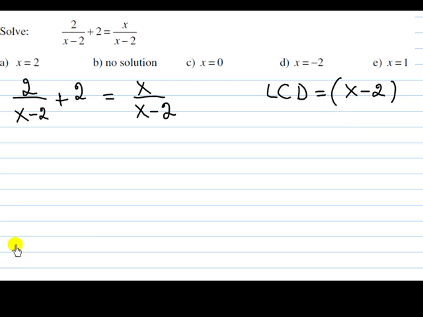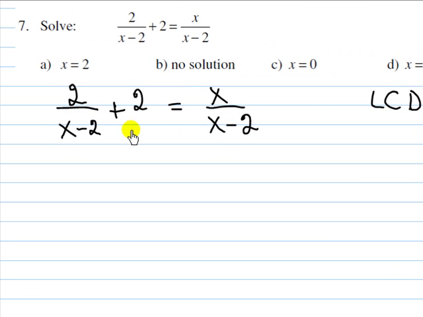The next step will be to multiply both sides of the equation by the least common denominator, in this case x minus 2.